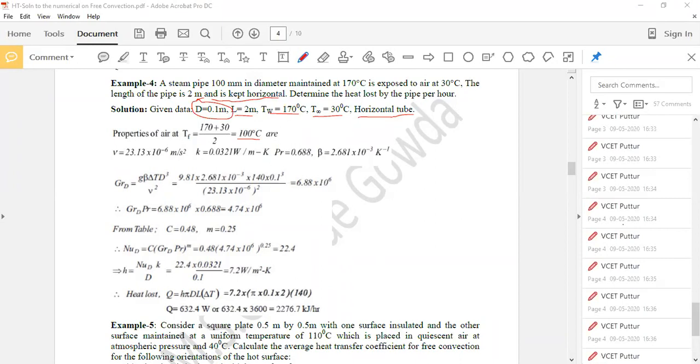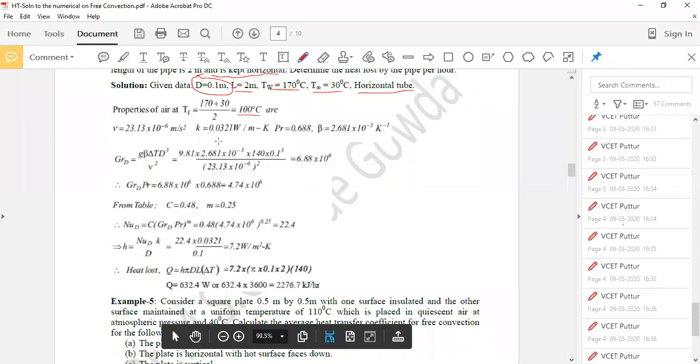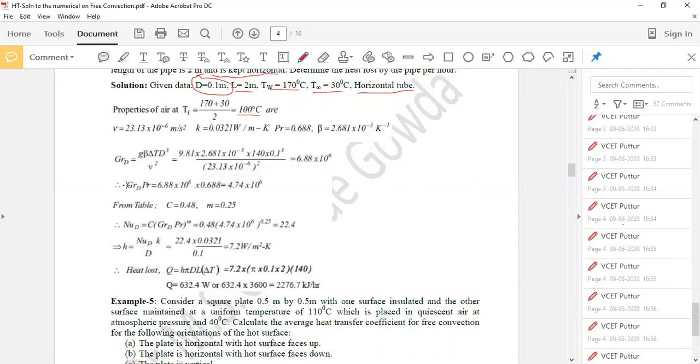The value of beta is 2.68 into 10 to the power of minus 3, or else one can also calculate 1 by T. The kinematic viscosity comes to be 23.13 into 10 to the power of minus 6, and this is the Prandtl number, and this is the thermal conductivity K. In free convection I need only these properties, including beta, so I have read them.